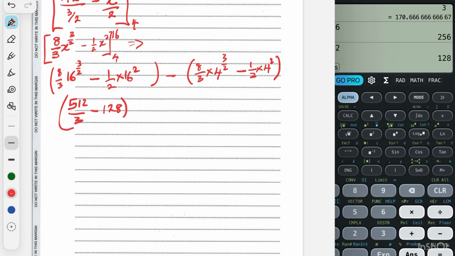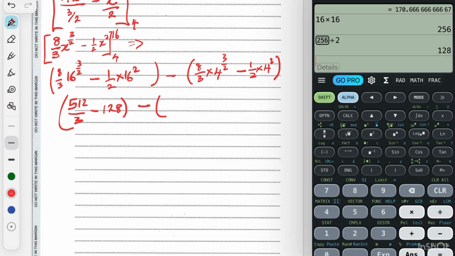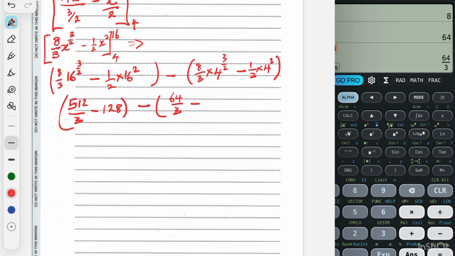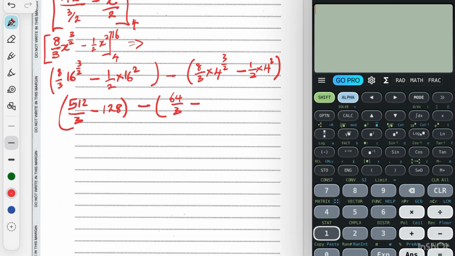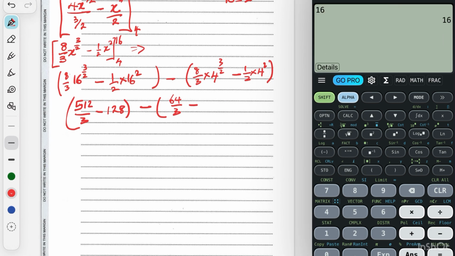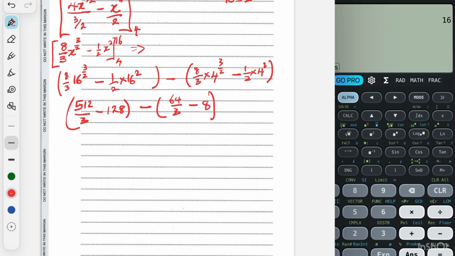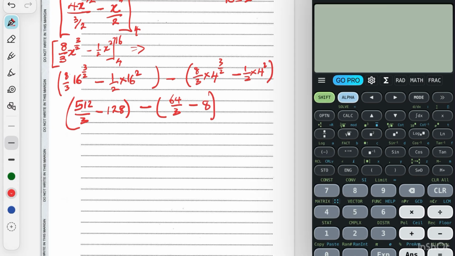So you remember we already know the answer, right? So that will give me 4 to the power of 1.5 times 8, then divide 3. You get 64 over 3 minus 16 divided by 2, 8. So I'm just going to press everything in the calculator.